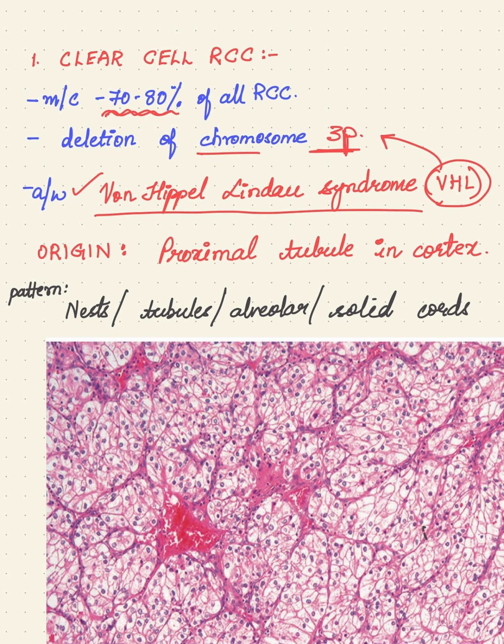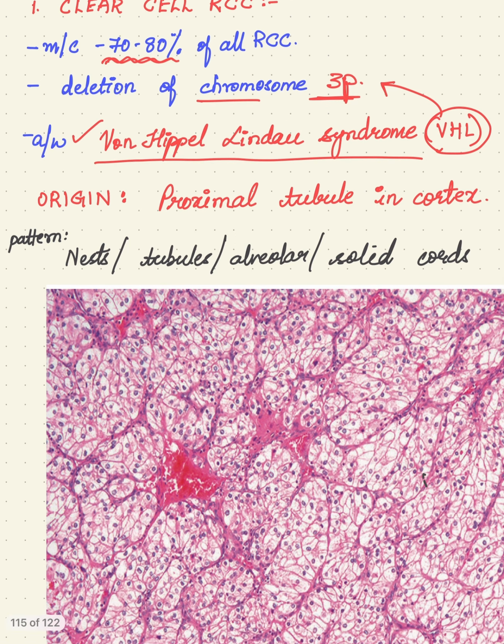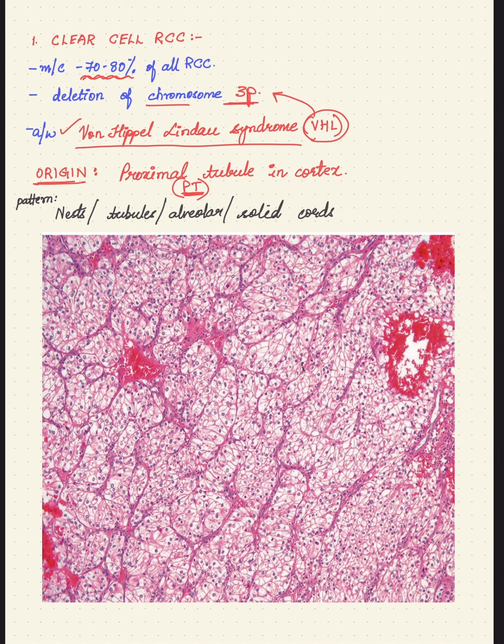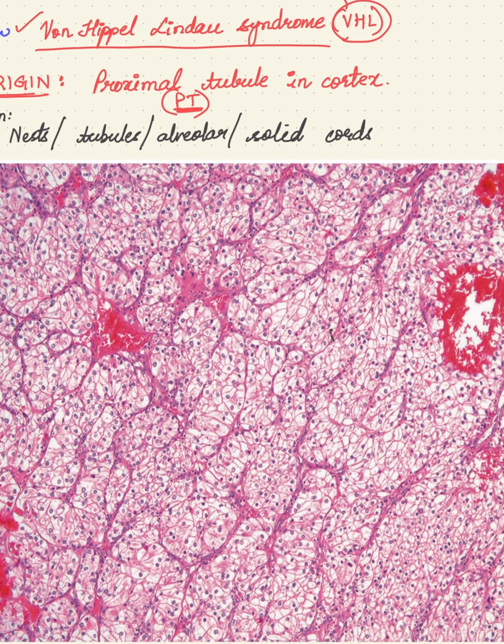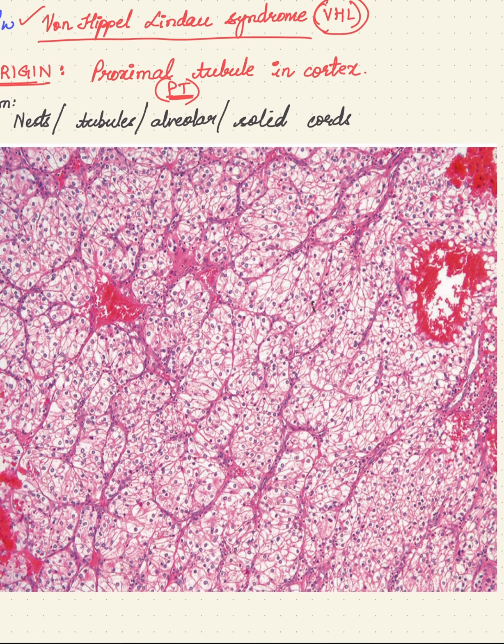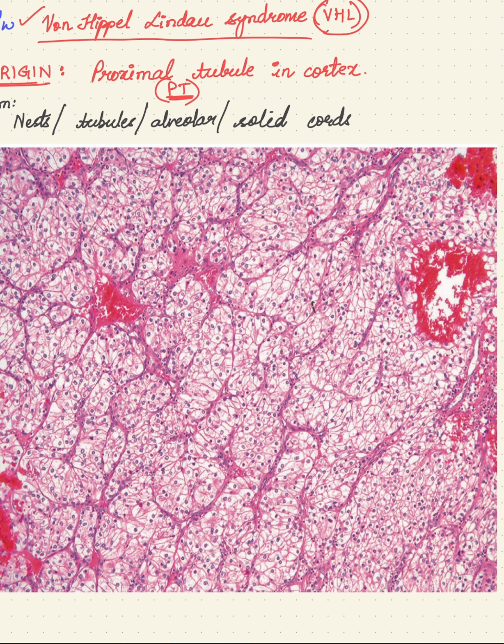Clear cell RCC arises from the proximal convoluted tubules in the cortex of the kidney.